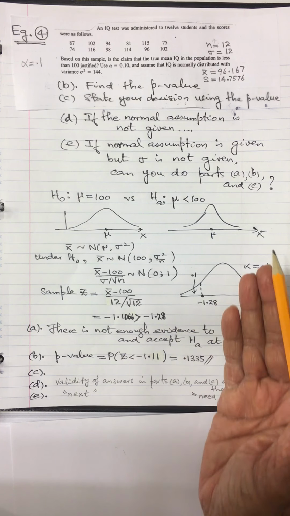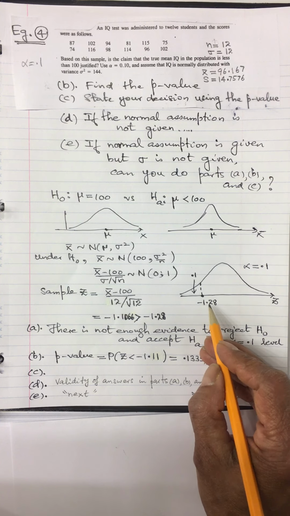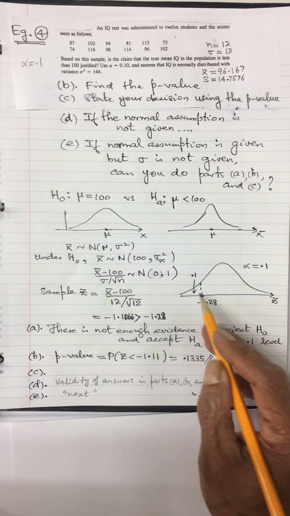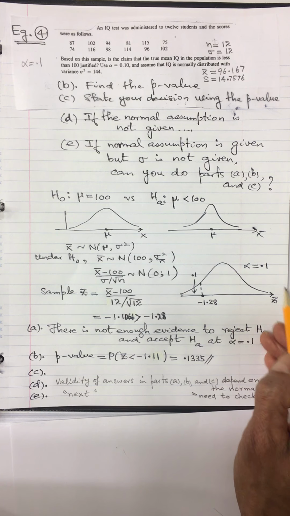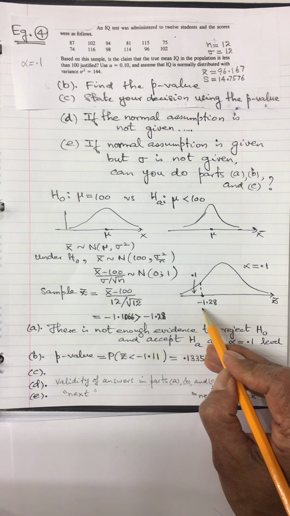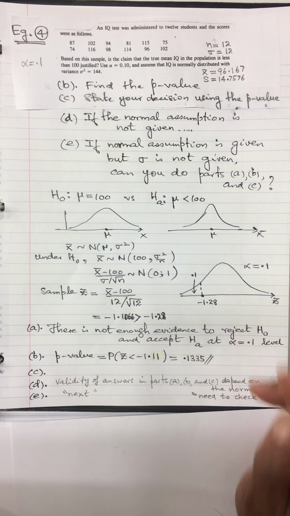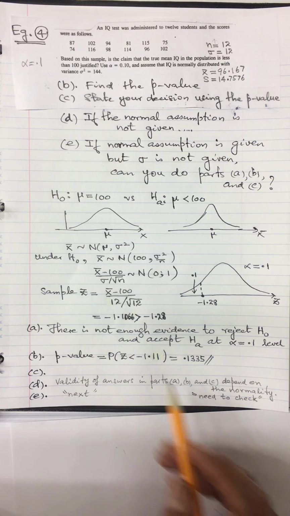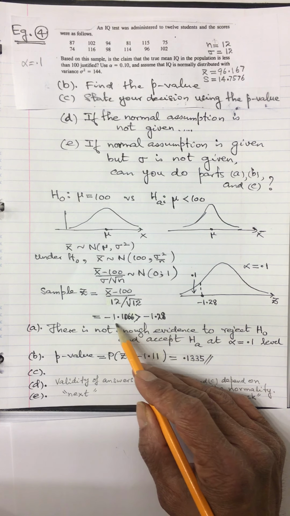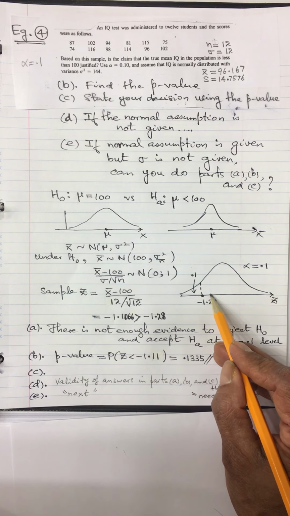So this is a one tail test, the lower tail test. The rejection region has to be to the left. This value is coming from the z table. Find from the z table, leaving 0.1 to the left is going to be minus 1.28. Minus 1.106 is somewhere over there.